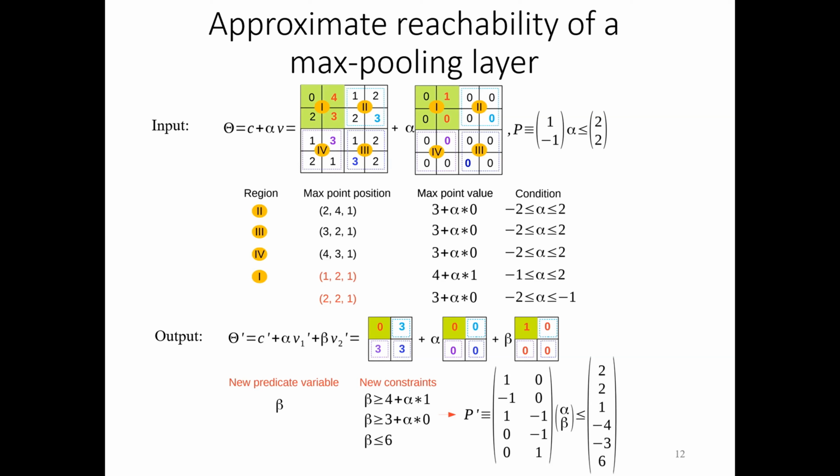To be the max point, this new predicate variable needs to be larger than all max point candidates in the local region, and it also needs to be bounded by the largest upper bound of all max point candidates in the local region. Then we combine this new predicate variable with the max points in other regions to construct a single over-approximate reachable set for the layer.